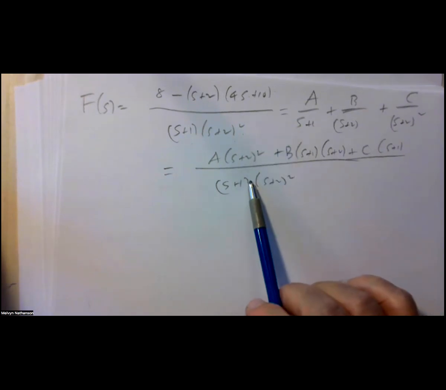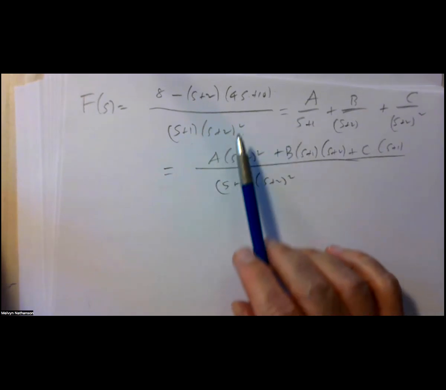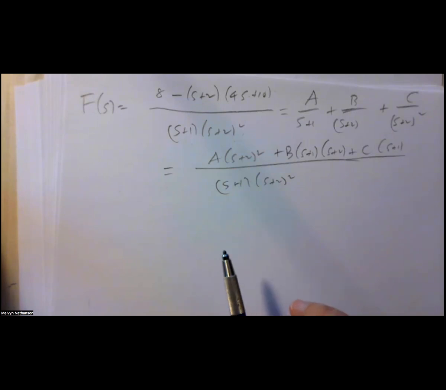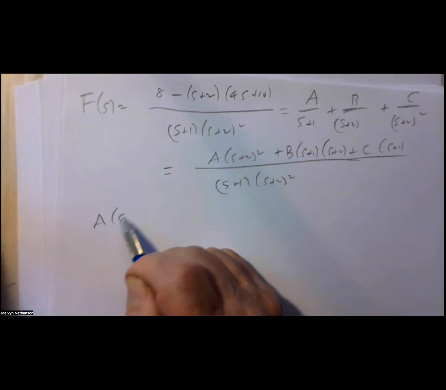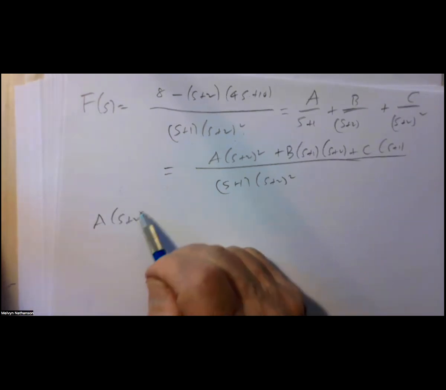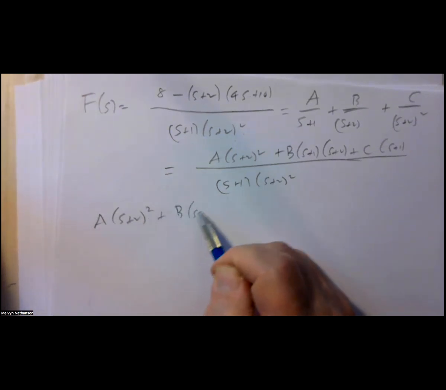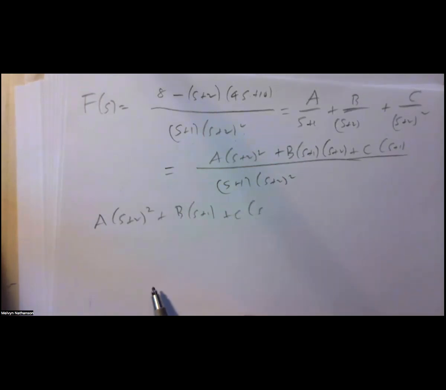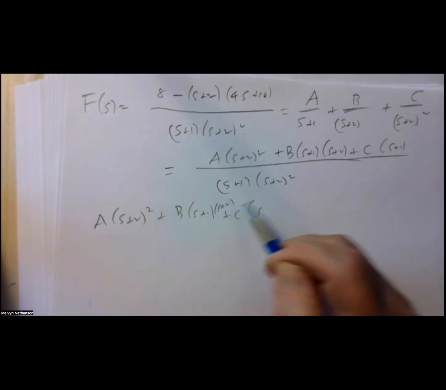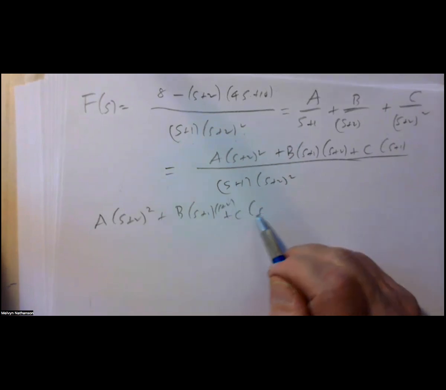So these two fractions are equal. They have the same denominator. That means they have to have the same numerator. So A times (s+2)² plus B times (s+1)(s+2) plus C times (s+1).